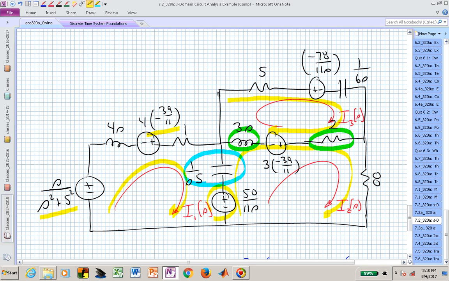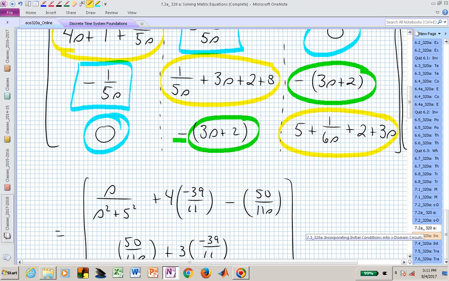And finally, our capacitor's voltage due to the initial condition, 50 over 11s, if we made that bigger, that would actually serve to reduce I1, so we now subtract 50 over 11s from our equation on the right-hand side dealing with the first row. So we now have s over s squared plus 5 squared plus 4 times the quantity minus 39 over 11 minus 50 over 11s.